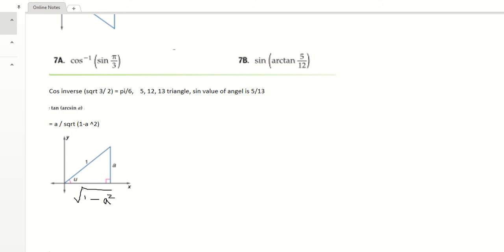That is our tan: A over the square root of 1 minus A squared. That's all it is. When you're moving from here to here, you just gotta draw a triangle and you will be fine.